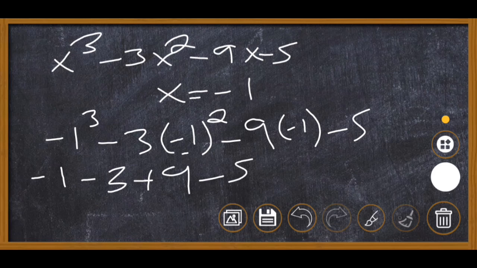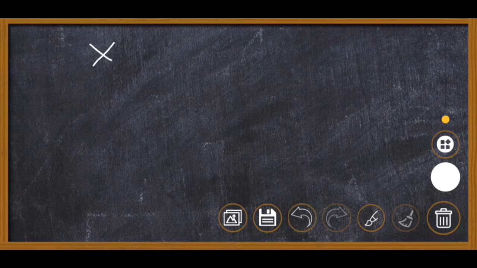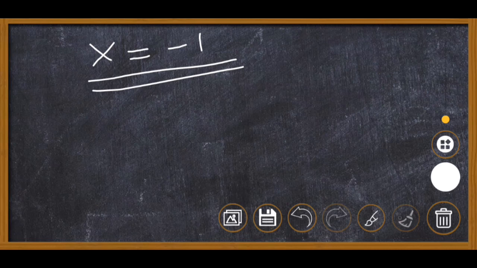So -1 added to -3 is -4. Then we have +9, then -5. So -4 added to 9 is +5. Then +5 minus 5 is 0. So this implies that x equals -1 is a factor, since it has given us 0.